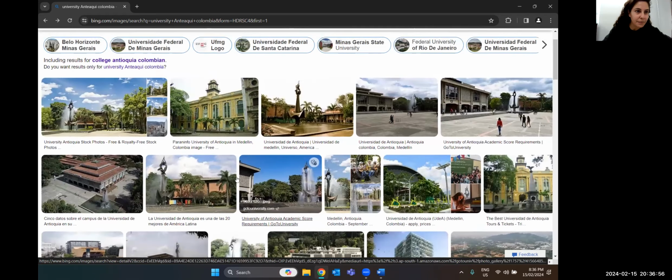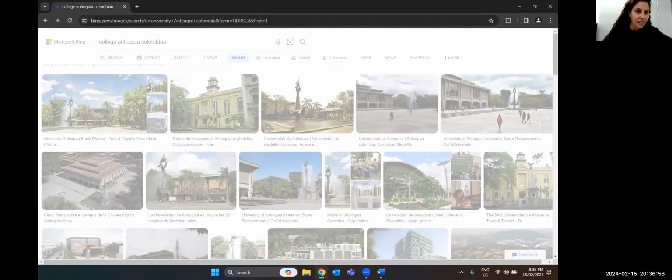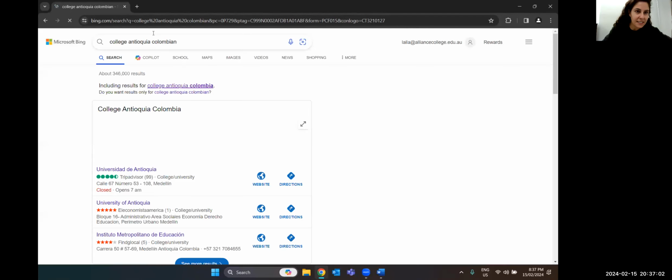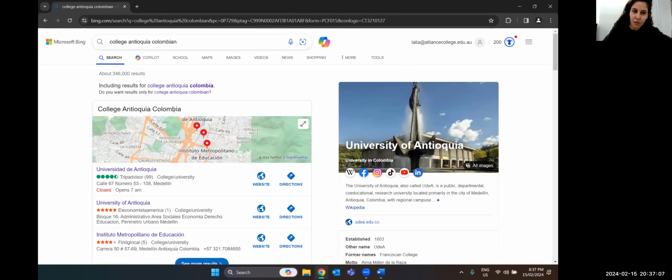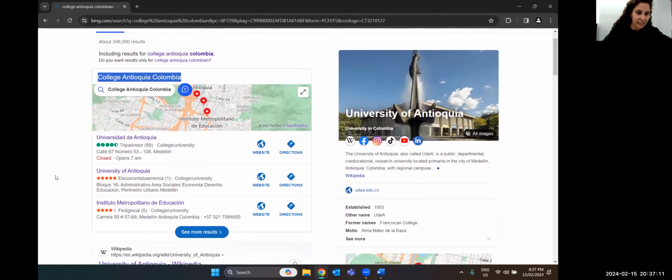Is the name in English College Antioquia, Colombia? I think this is the name in English. Yeah. Oh, good.